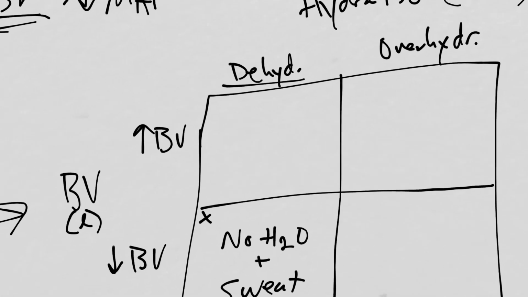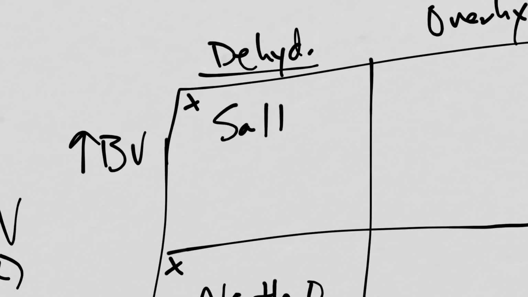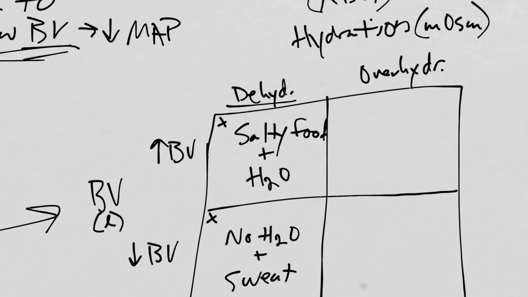All right, this one, increased blood volume and dehydrated. If you have very salty food plus water, the salty food made you dehydrated and the water increased your blood volume. And so you have too much blood and it's very salty. That's high blood volume dehydrated.